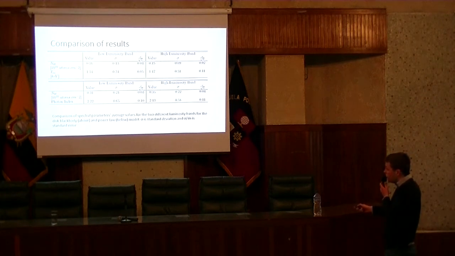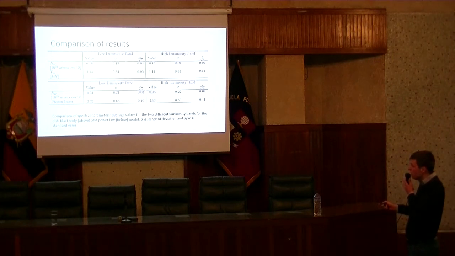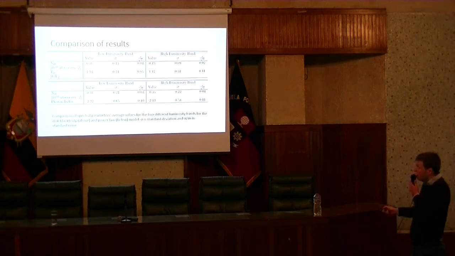So this top one is the black body model. You can see that in the low luminosity band, the NH value does not change. Within standard error here, the column density does not change. This is also true for the inner disk temperature.